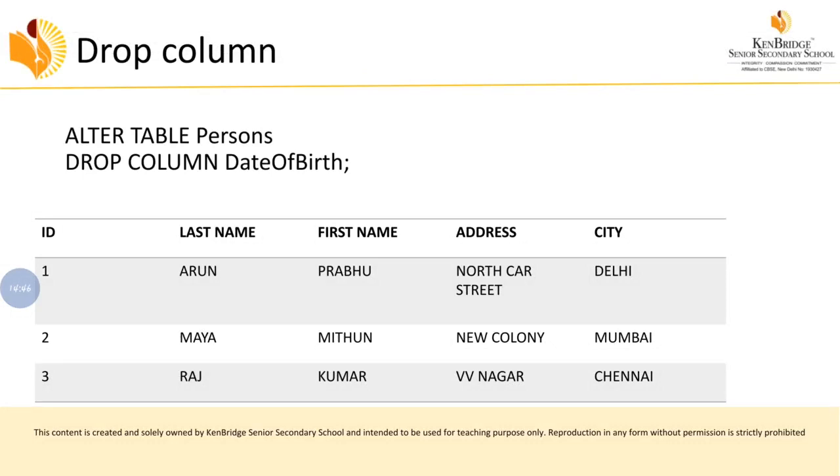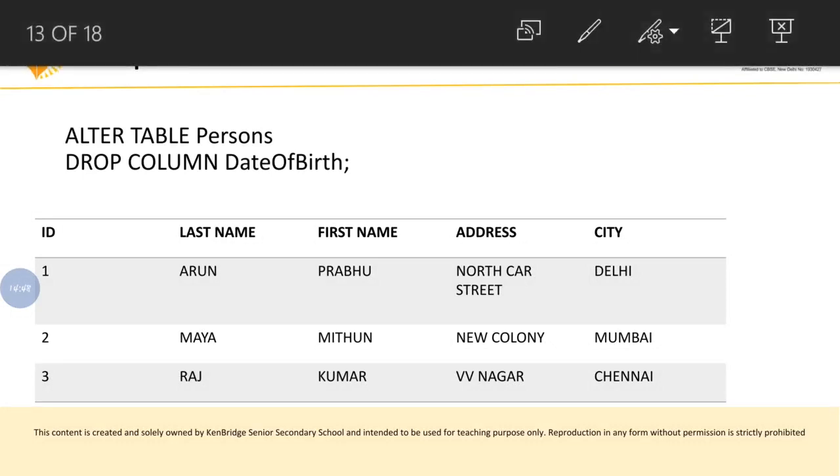So let's see the syntax of this drop column. This is the example for drop. Using alter we are going to drop a column. In the same table person, we are going to drop the column called date of birth. Drop in the sense that the date of birth column alone will be deleted.